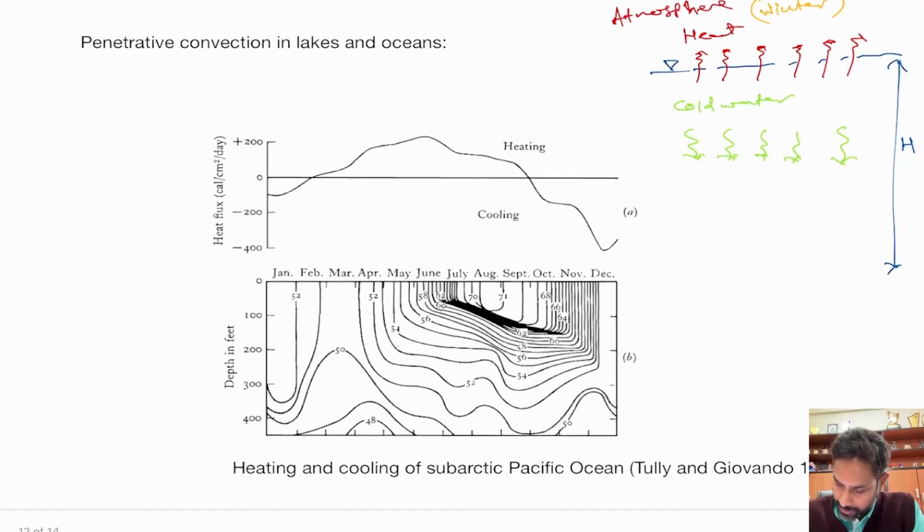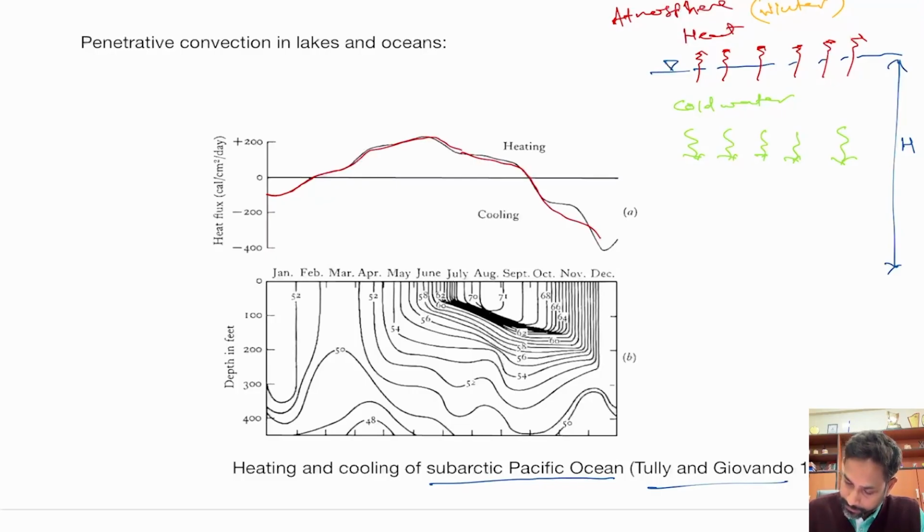And in fact there is some data available here for the subarctic Pacific Ocean from these authors, and you can see how the heat flux on a daily basis for this particular case increases and then decreases.